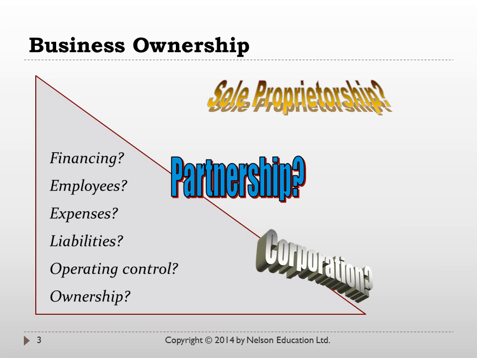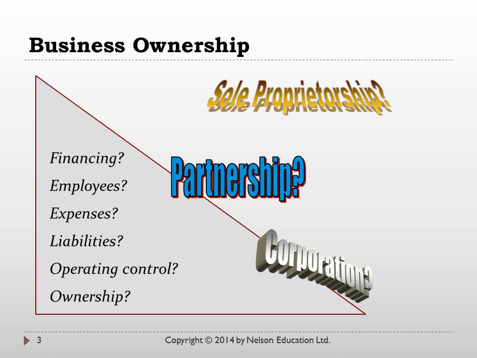So in Canada, there are three primary forms of business organization or business ownership: sole proprietorships, partnerships, and corporations. Each one of those will differ based on the types of financing that is used for each of those different types of businesses.